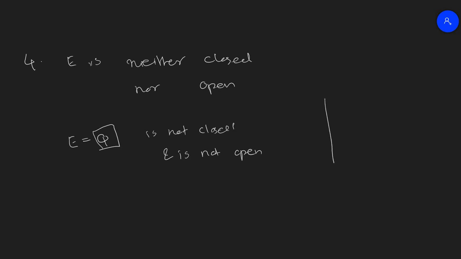So the function looks like this: for all rational points, it takes the value 1, and for all the irrational numbers it takes the value 0. So we can see the function is not continuous.